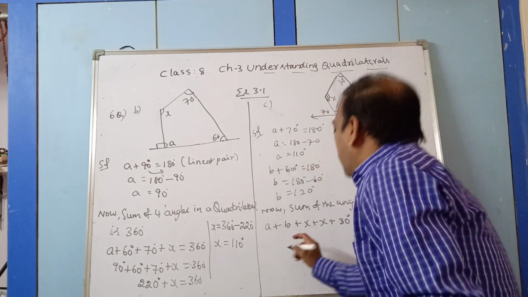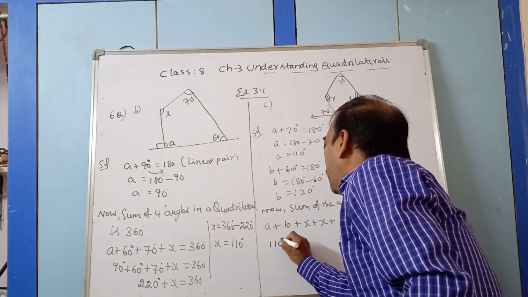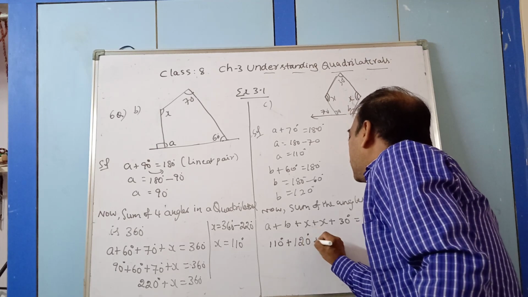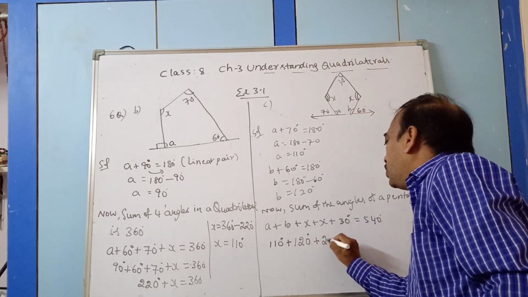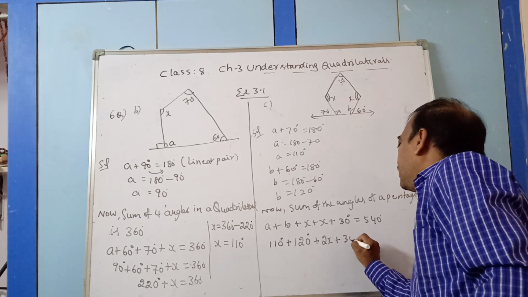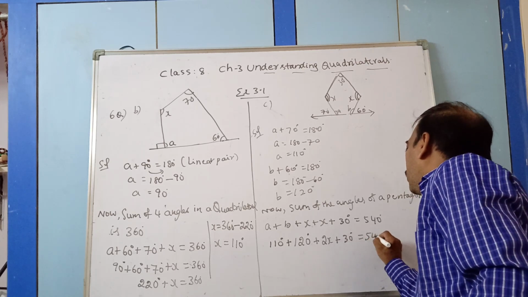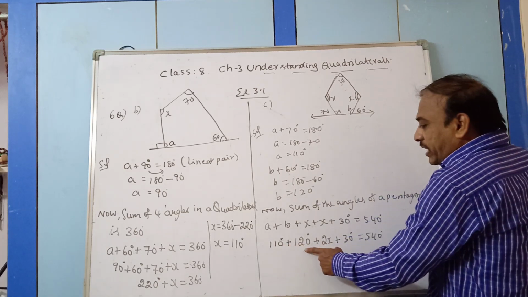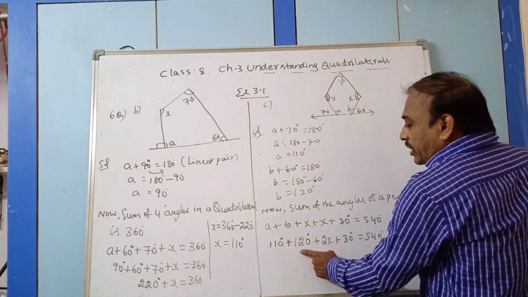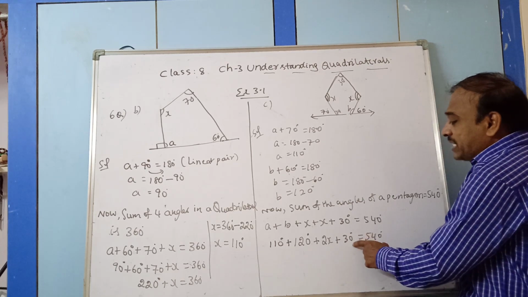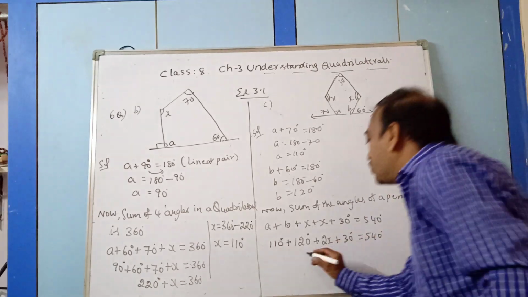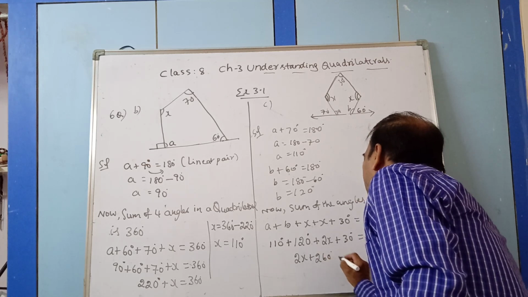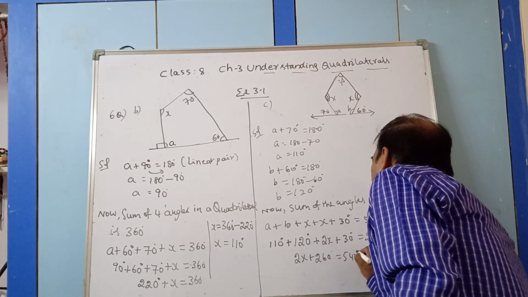A value, how much did we get? 110, plus the B value 120, plus 2x plus 30 degrees is equal to 540. So 110 plus 120 is 230, plus 30 is 260. So 2x plus 260 degrees is equal to 540.